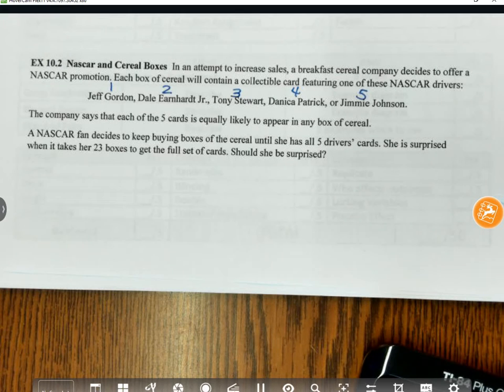Are repeats okay? Yeah, so then I would need to say, repeats are okay. So let the numbers 1 through 5 represent a cereal box where each of the numbers represents the driver on the card inside, assigned as that. I'm going to look at a random number table, generator, whatever, recording values, go until I have one of each. Repeats are okay.